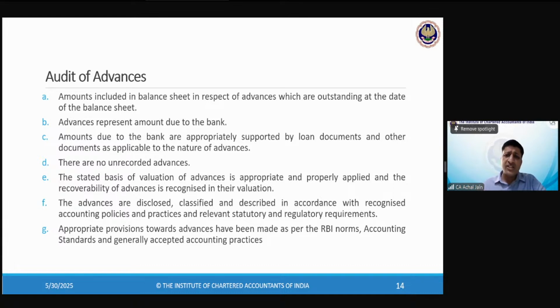Can that be changed from bank to bank? Or do you think it's something quite standardized, so every bank will have to follow such requirements? Okay, over to you. Any thoughts that you may like to share on this aspect?